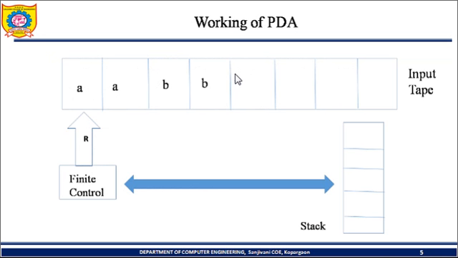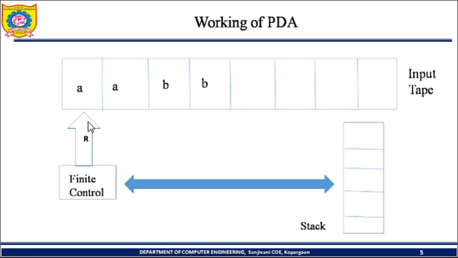So first of all, we will see the working of PDA. Here you can see PDA consists of one input tape, which is divided into identical squares. Each square is called a cell, and each cell holds an input symbol of the string. Here, suppose the string has 2 a's followed by 2 b's. These are placed inside the input tape, which has some finite control that controls the activity of the read head.